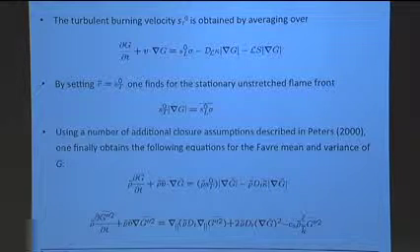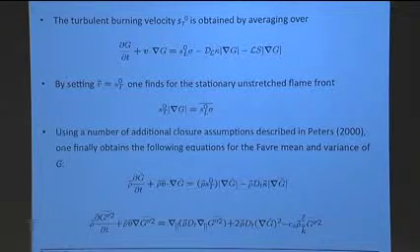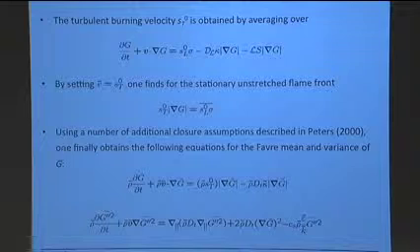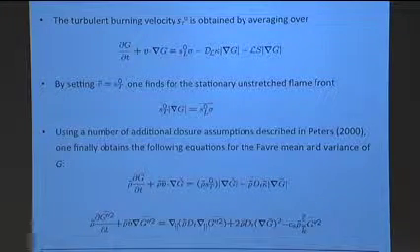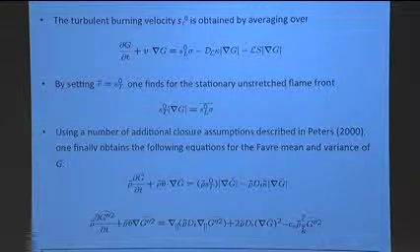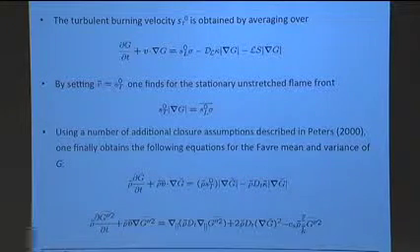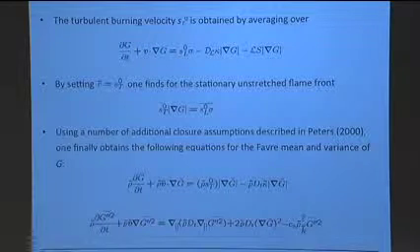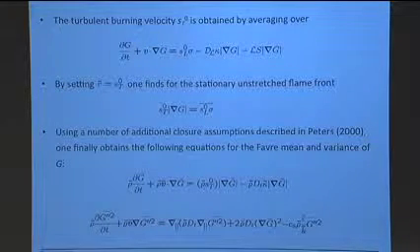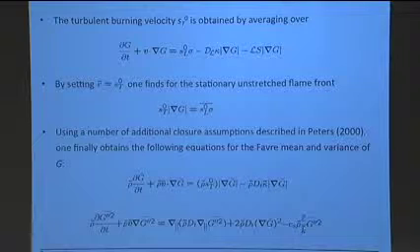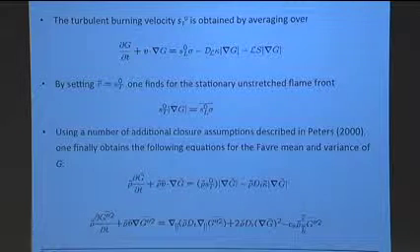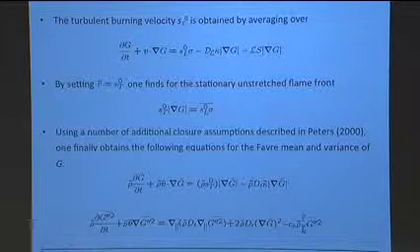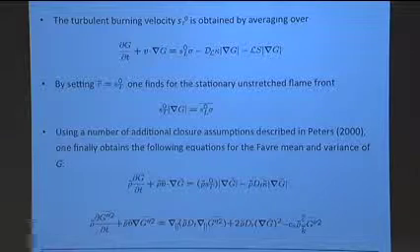And so that's why here also there is a variance equation that gives you a measure for the flame brush thickness. Okay, so G prime now is a measure for the flame brush thickness. And you see this has a production term here and a dissipation term. This is very similar to the equation for the mixture fraction variance, for example, or temperature variance.